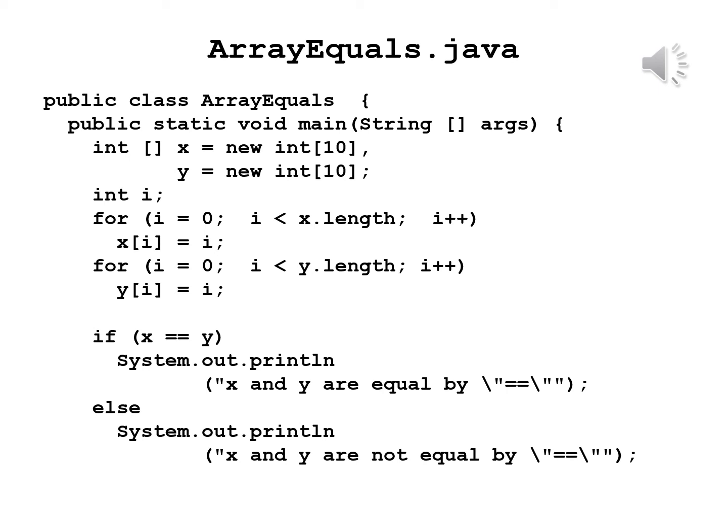If x == y, System.out.println "x and y are equal by '=='". Else, System.out.println "x and y are not equal by '=='". In this regard, we know whether or not the two are going to be equal or not.